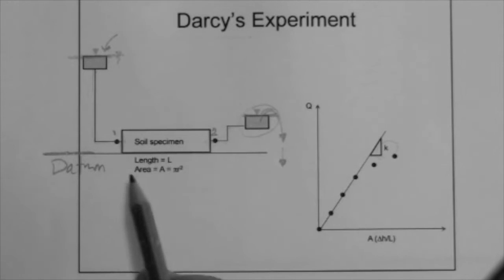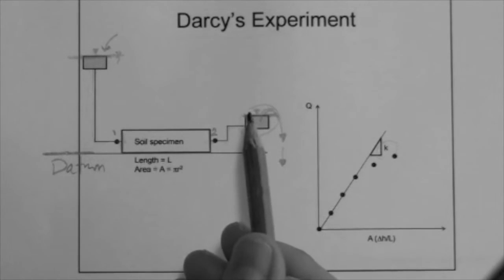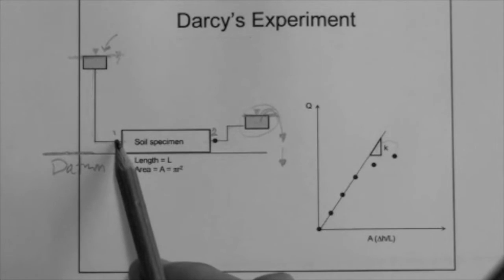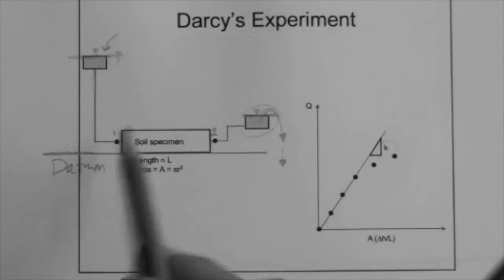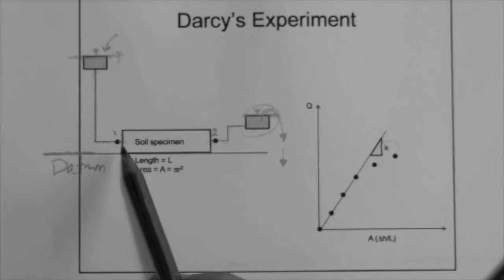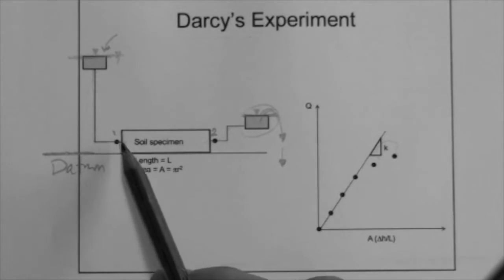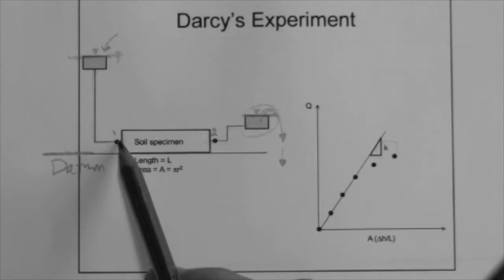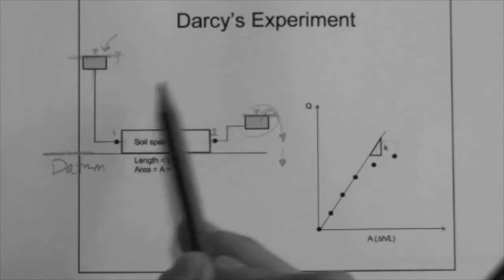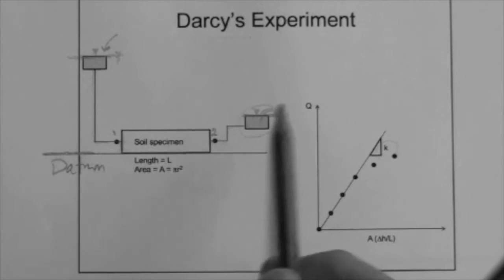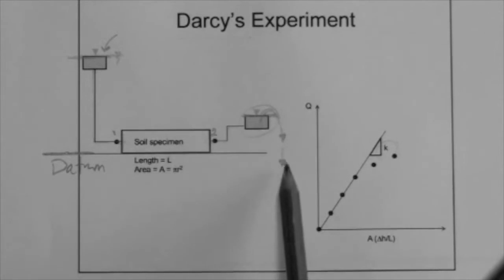What is the elevation head at point 1? Well, before we talk about heads, why do you choose point 1 and point 2 here and here? Well, Darcy said, I'd like to know what happens in terms of flow from the beginning of the soil specimen to the end, because I want to concentrate on the flow through the soil, not through the tubes or coming out here like a waterfall, whatever.